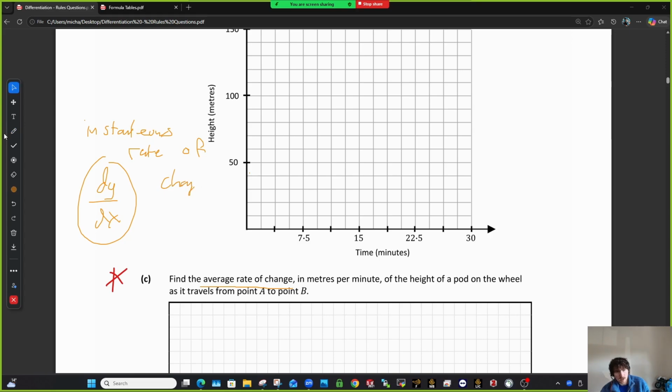And we should remember our slope formula from junior cert and also still even cert, where we get y2 minus y1 over x2 minus x1. So we know that's the slope, but the slope is actually the average rate of change between 2 points. So it's the average rate of change. And if you don't know this, go have a look back at the book and you'll confirm this. So to get an average rate of change, you need 2 points.